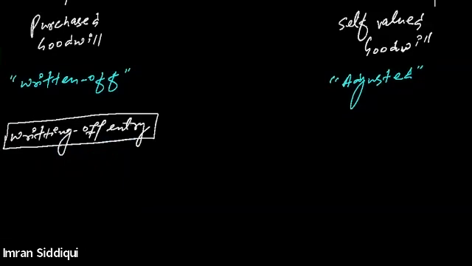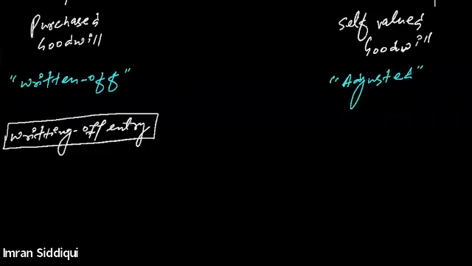goodwill is an asset, and whenever goodwill is written off, that means goodwill is reducing. Whenever an asset is reducing, we need to credit the asset account, right? And the loss of this has to be borne by the old partners. So we debit their account. The loss has to be transferred to the existing partners' capital account.